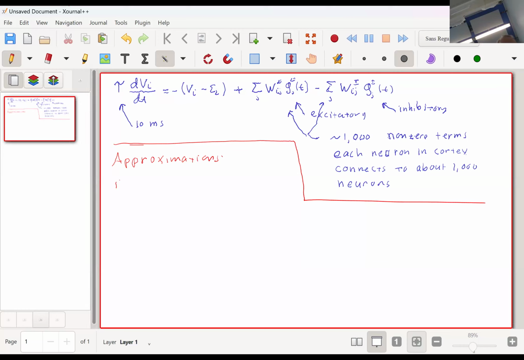W_ij goes to W_E, so all neurons have the same connection strength.